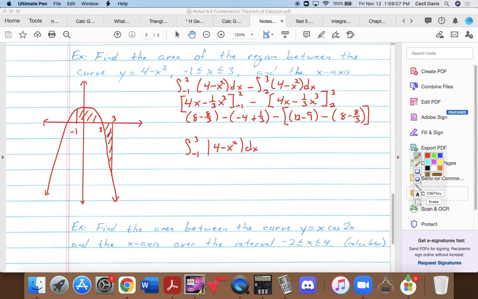Because that would flip this part over here, up. So if it's a calculator active problem, you can just use the absolute value to find that area.